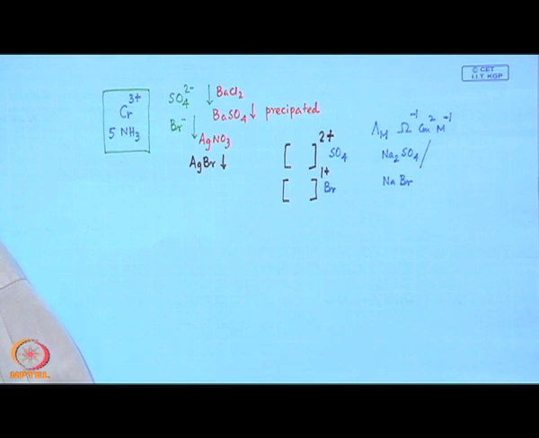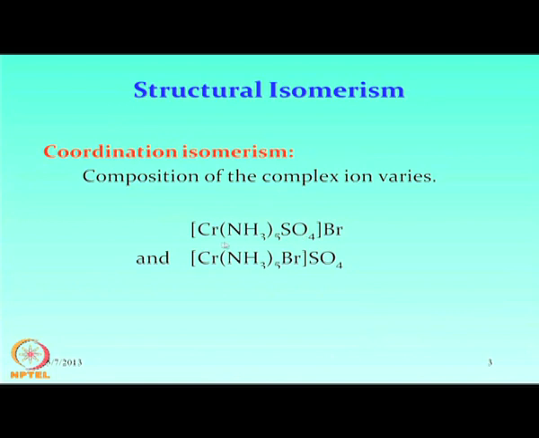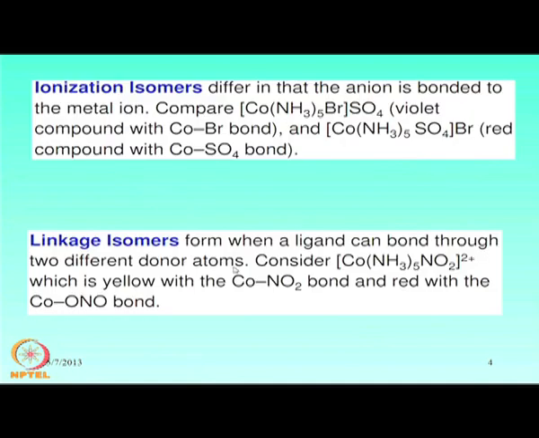So we can establish that some coordination isomerism can take place, though the entire composition of the salts is the same. Ionization isomers are also possible, which differ in whether the anion is bonded to the metal ion.